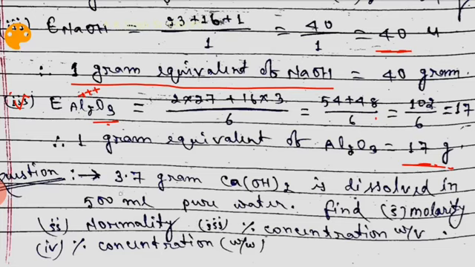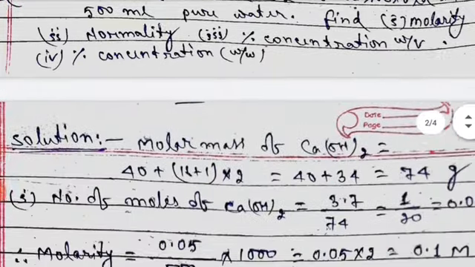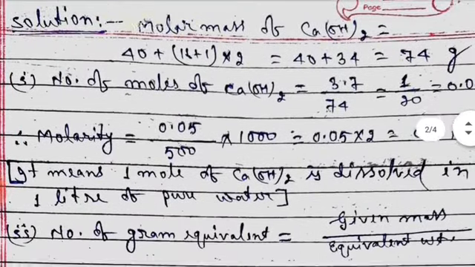First question: 3.7 gram of calcium hydroxide is dissolved in 500 ml of pure water. Find first molarity, second normality, third percentage concentration W by V, and fourth percentage concentration W by W. Now, solution.